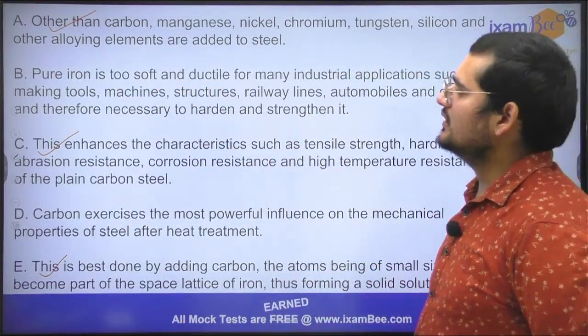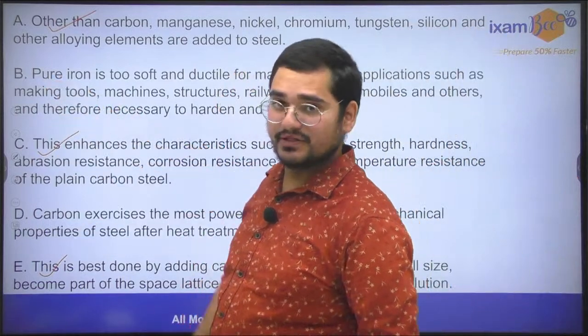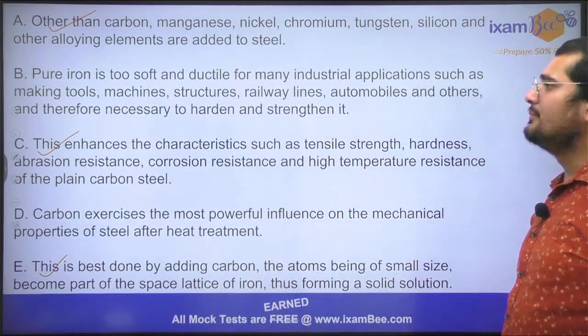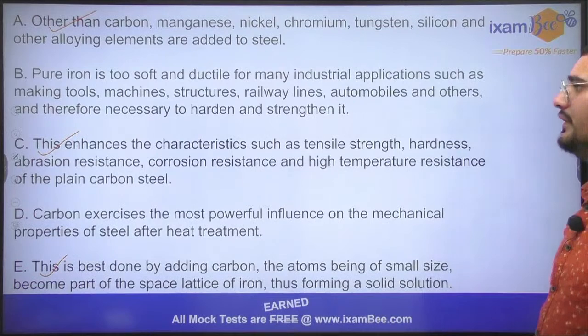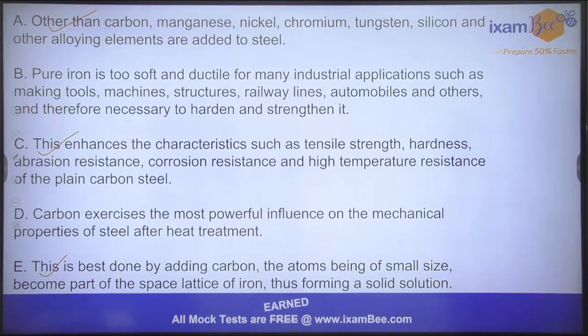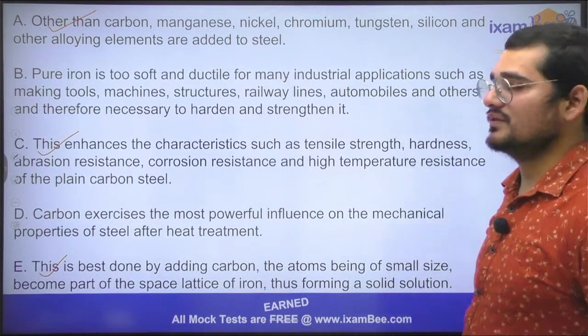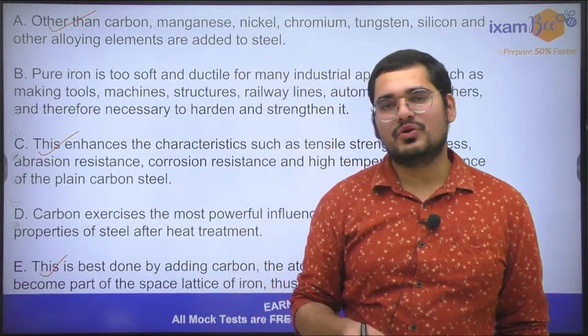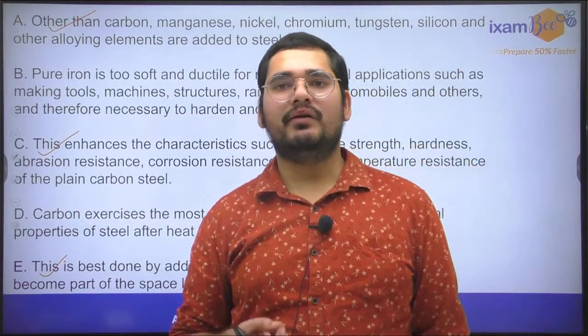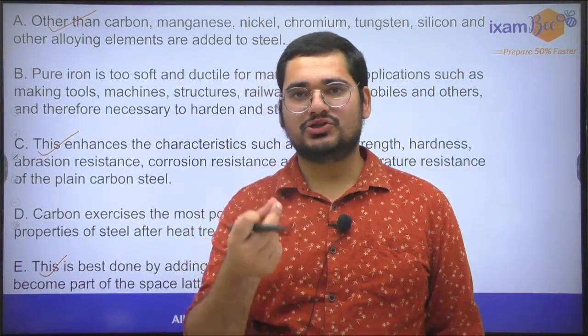Okay, so let's consider B as the first. So let's read. Pure iron is too soft and ductile for many industrial applications such as making tools, machines, structures, railway lines, automobiles, and others, and therefore necessary to harden and strengthen it. So what it is basically saying is that pure iron is very delicate, very soft, right?